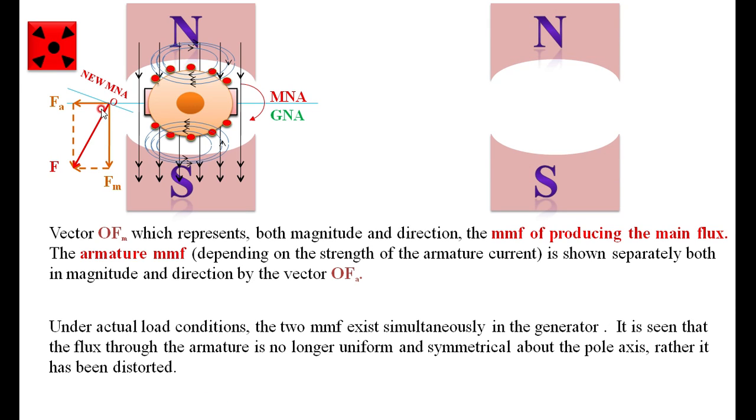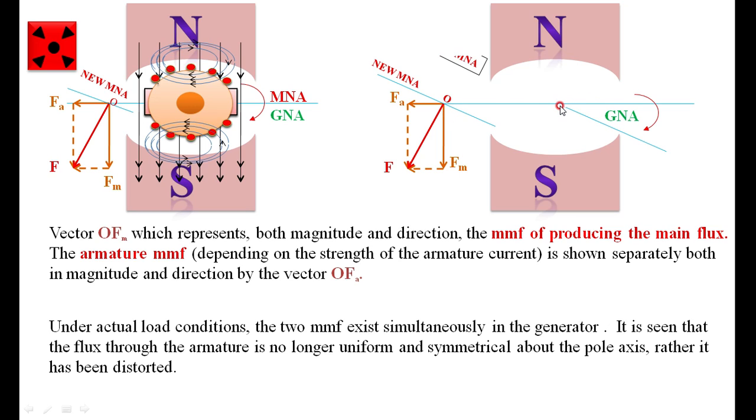Now I am shifting the magnetic neutral axis along the new MNA. This is the GNA because it is perpendicular to the polar axis. I have the main flux here, pointing down, and Fa because of the armature flux. In the first case I am considering, the resultant flux is F. Because of this resultant flux there is a new MNA, so I am drawing the new MNA here, parallel to this.